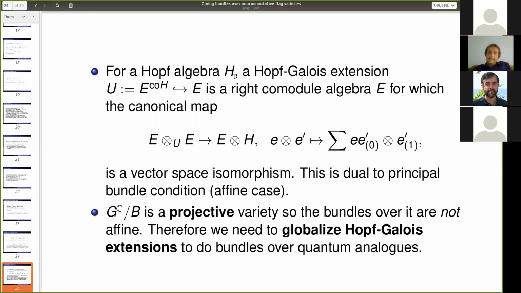And if you look at the Galois correspondence, this Galois correspondence is related to a certain categorical notion in this Hopf-Galois case, which geometrically means that if you take a principal bundle and take equivariant sheaves over the total space, this category is equivalent, that's called descent along a torsor, or Galois descent, to usual sheaves over the base.